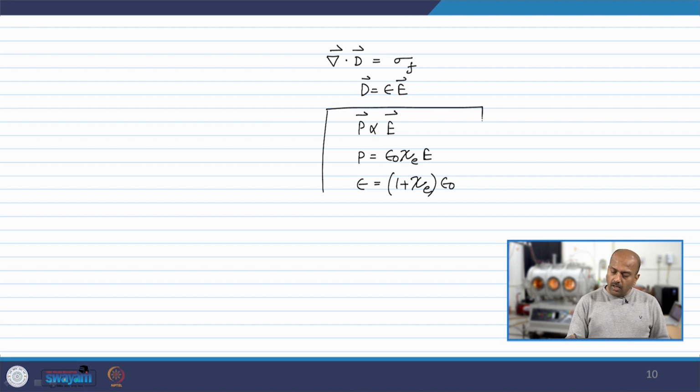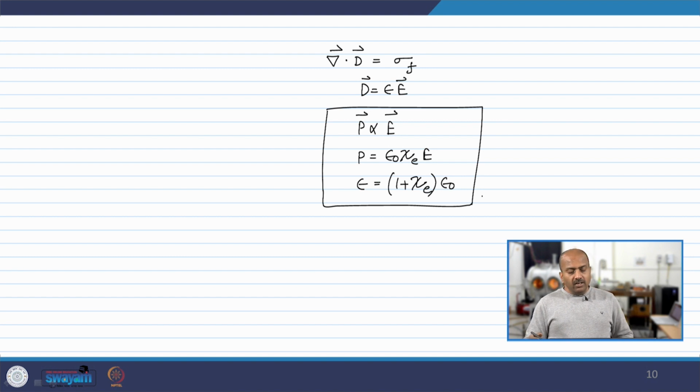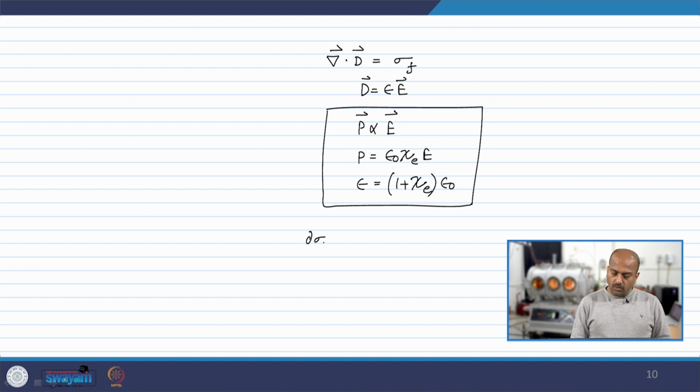Now, when you have an alternating electric field, it will lead to a polarization current density, and we can think of a polarization charge density as being responsible for it. Okay. If you remember the continuity equation, dou sigma_p by dou t plus del dot J_p is equal to 0.